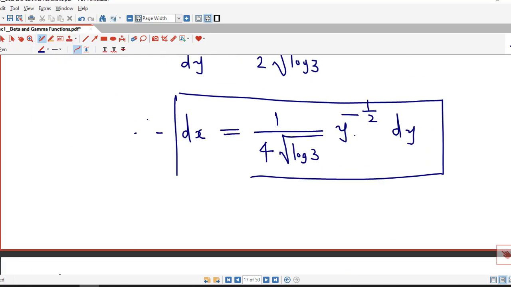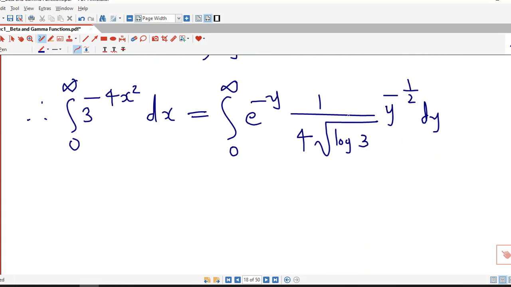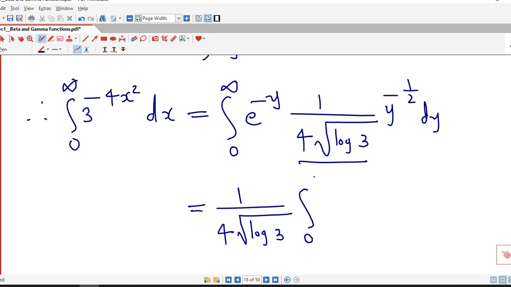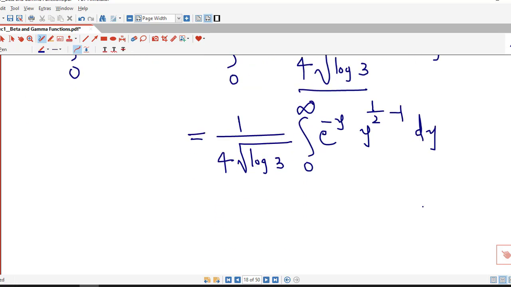Okay, fine. So now this quantity is independent of y, it is constant, so we can take it outside the integral, and here we have 0 to infinity e raised to minus y, and minus 1 by 2 can be written as 1 by 2 minus 1.